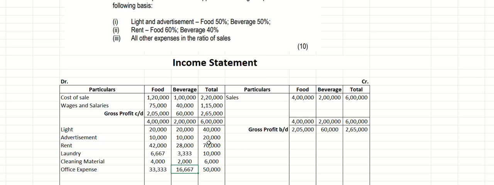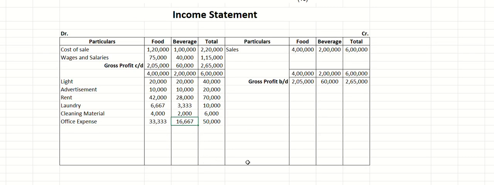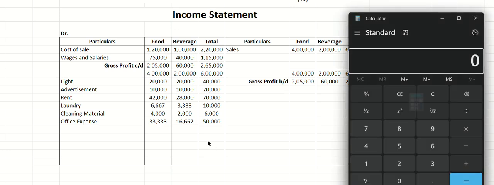We don't have any other income. We have taken our expenses. Now we should have a rough idea whether the income or the expense is more for each department and the total as well. We know the foods department now has an income, or the gross profit, of 2,05,000. Let's see what expenses it has.